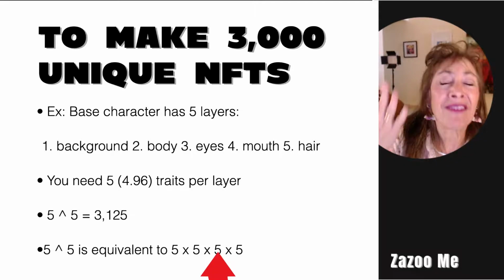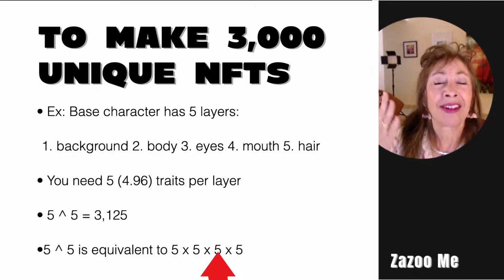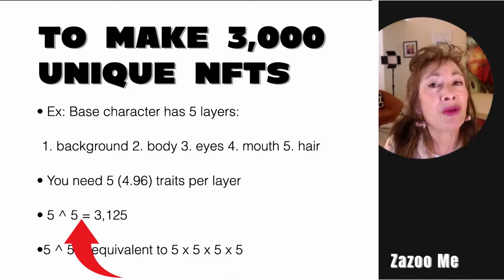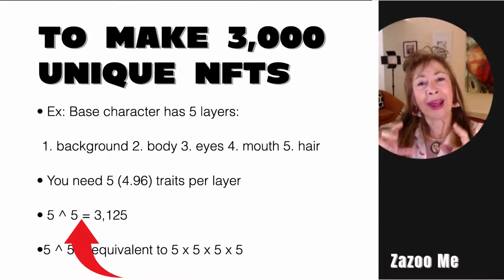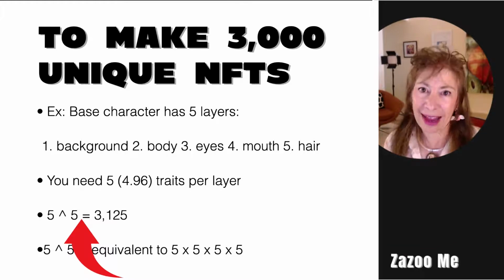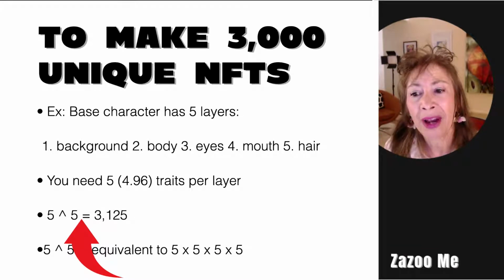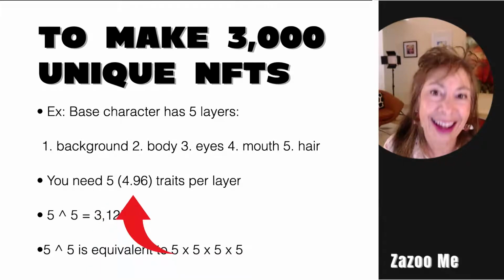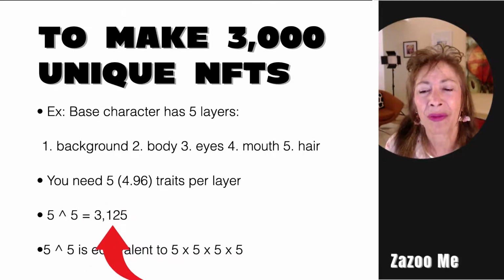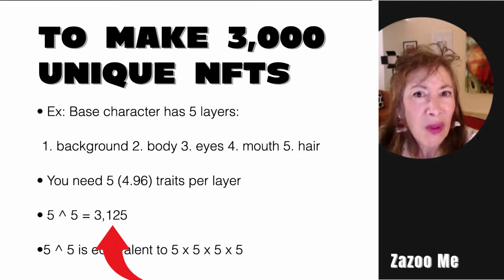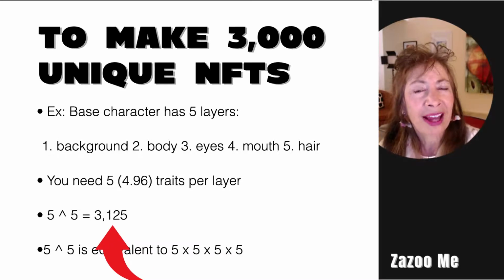You want to do 5 times 5 times 5 times 5 times 5. But you don't actually come up with exactly 3,000. You come up with 3,125. You would have to multiply 4.96 to come up with exactly 3,000. What do you do with those extra 125 NFTs?